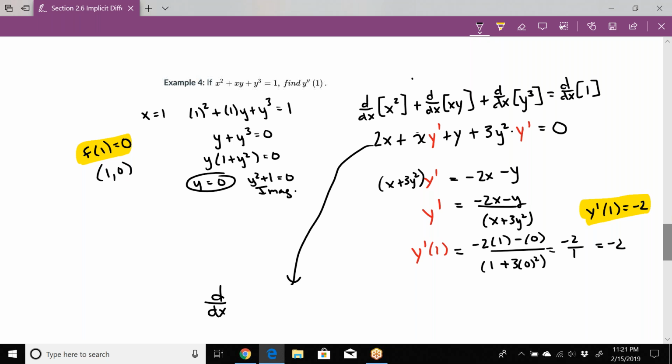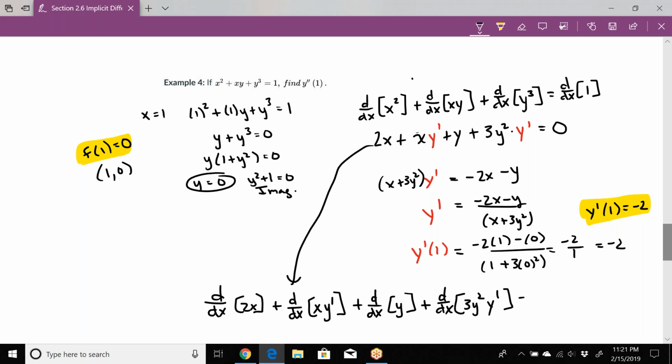So d dx of 2x plus d dx of xy prime, plus d dx of y plus d dx of 3y squared times y prime, and equal to d dx of 0.